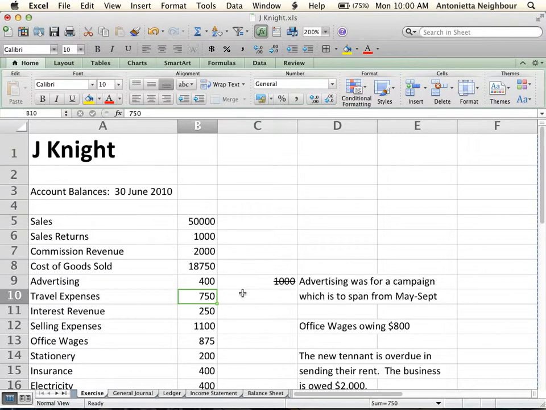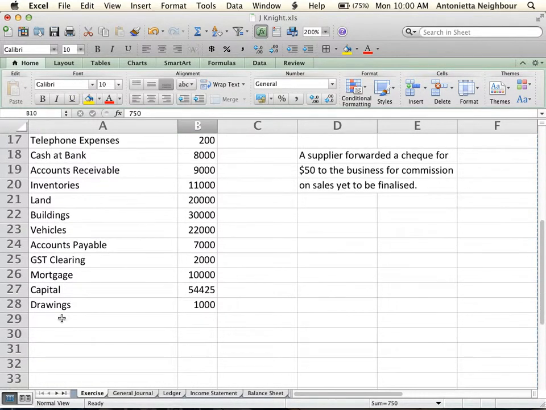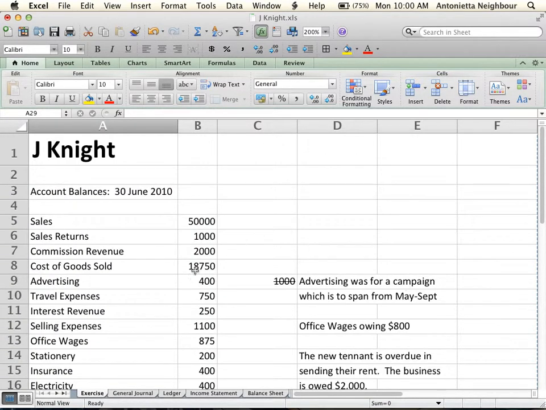Now, what did I have to do to the advertising account? What do I have to do to decrease it to 400? What do you do to an expense account to decrease it? You credit an expense account to decrease it. Something else has to be debited, and that other account needs to be added to the bottom. What is that?